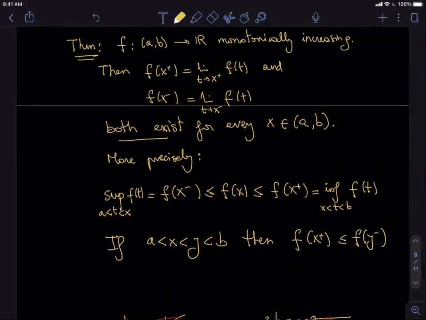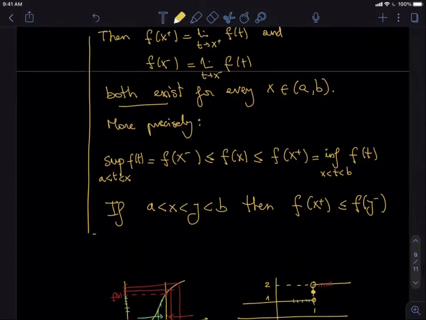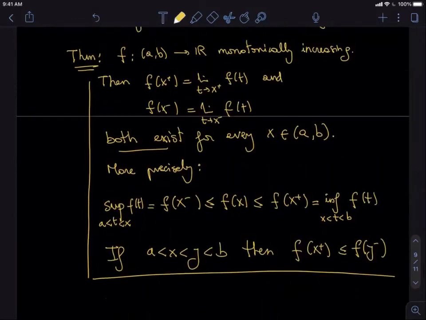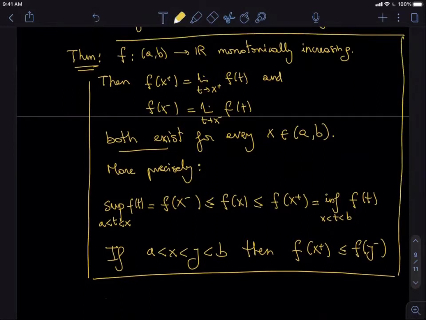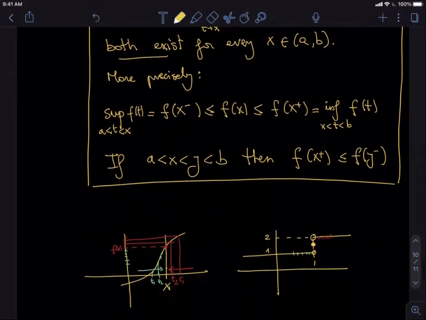This actually, when we write it, looks more difficult than it is. Here we are saying that if we have a number x that is smaller than some other number y, okay, the right limit for x is less or equal than the left limit for y.